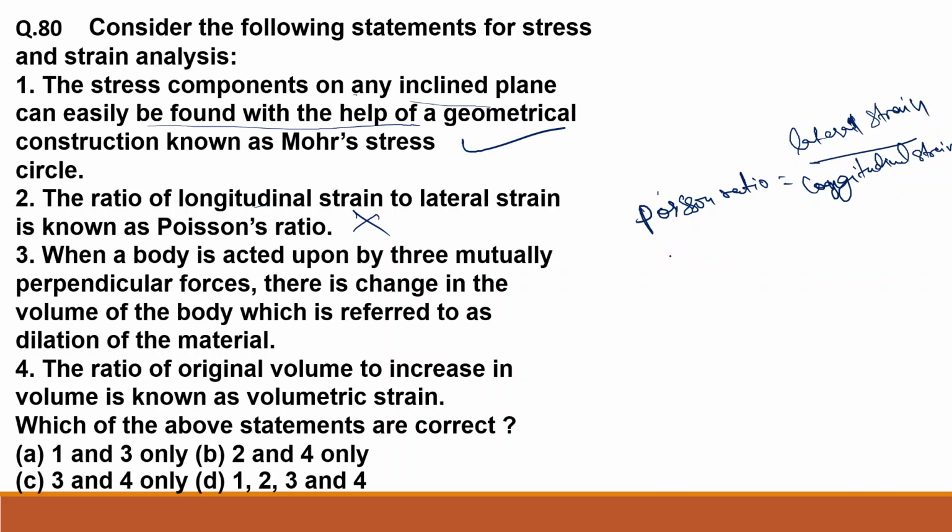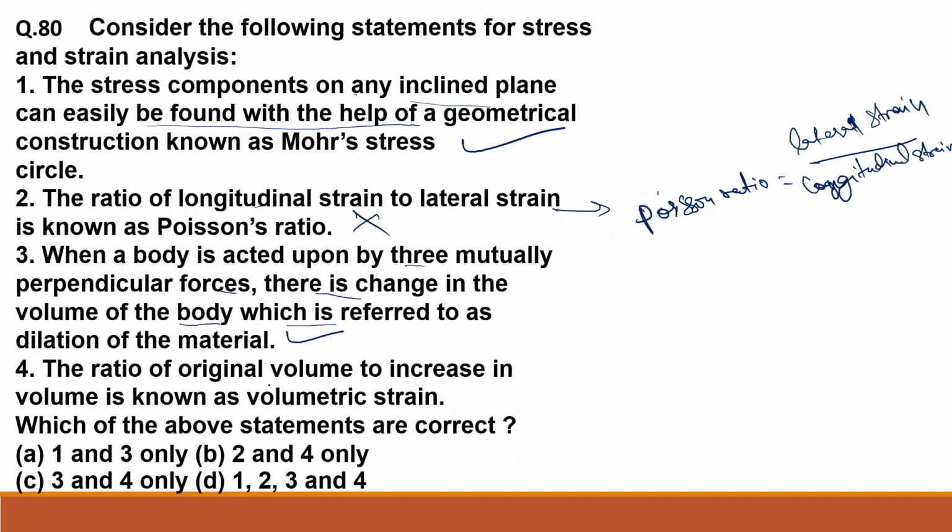This statement is wrong. I have written the correct statement over here. When a body is acted upon by three mutually perpendicular forces, there is a change in the volume of the body, which is referred to as the dilation of the material. Yes, option 3 also is right.